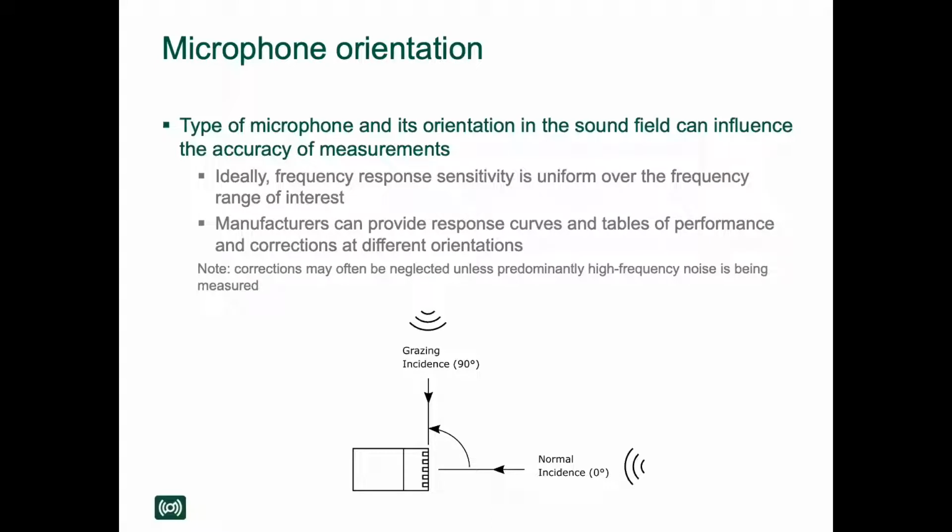However, the microphone may be optimized for flat frequency response at normal incidence, grazing incidence, or somewhere in between, depending on the microphone type. Because the frequency response differences occur above 1 kHz for a 1/2 inch microphone, corrections to account for orientation are usually not required for A-weighted measurements. Care should be taken if the measurement is trying to characterize high frequency noise.